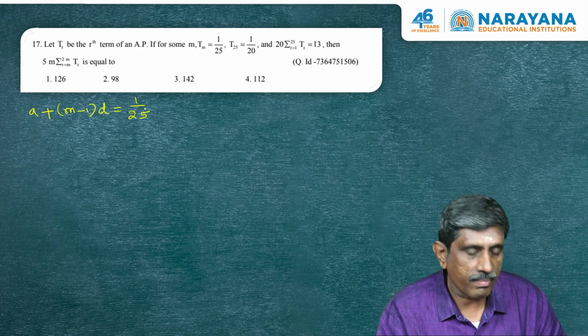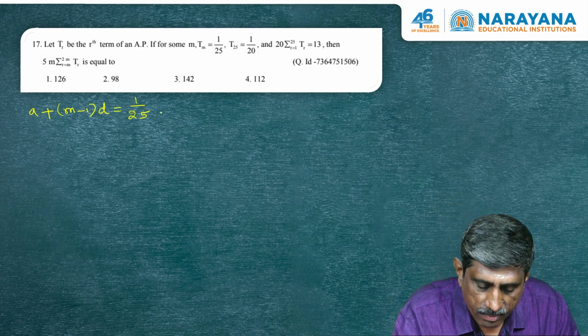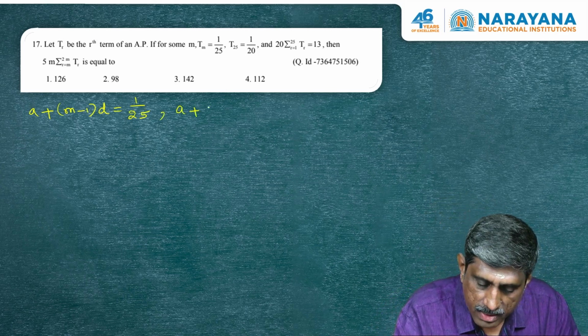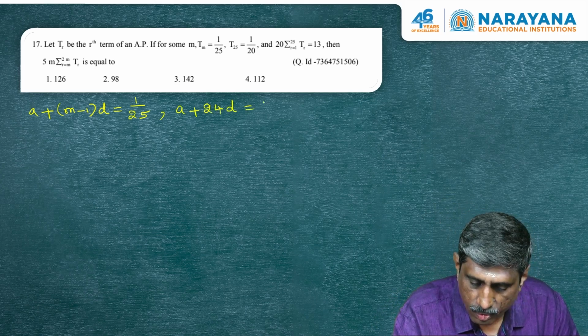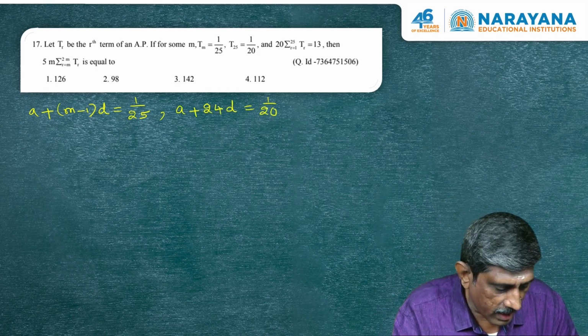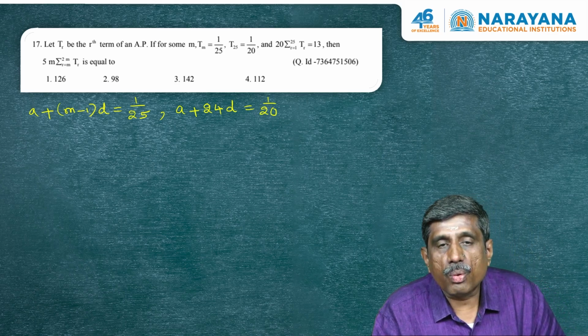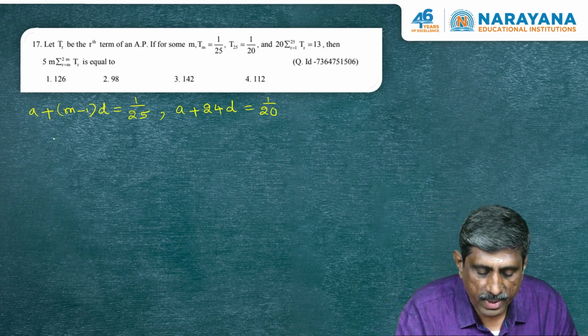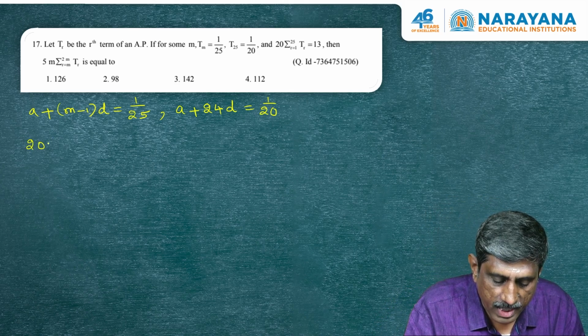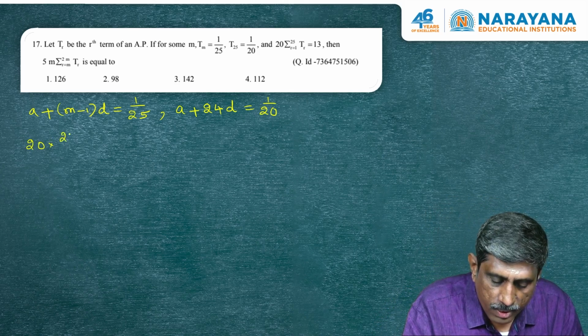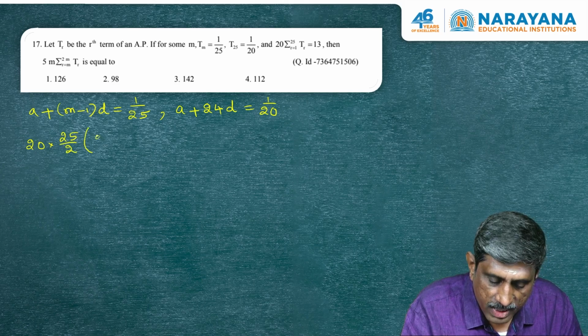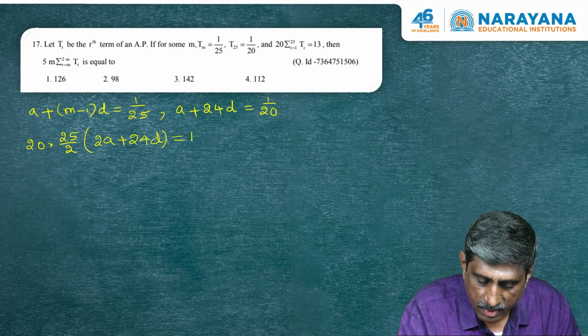That is the first one. Similarly, T25, which is A plus 24 times of D, is equal to 1 by 20. And given that 20 times of S25, which is 20 times of 25 by 2 into 2a plus n minus 1 into d. So, 2a plus 24 times of d is equal to 13.